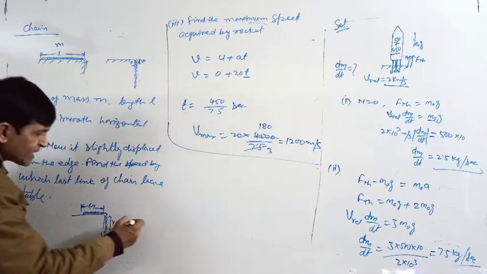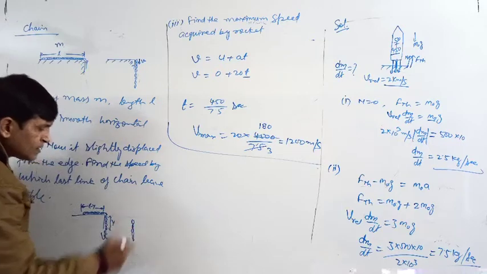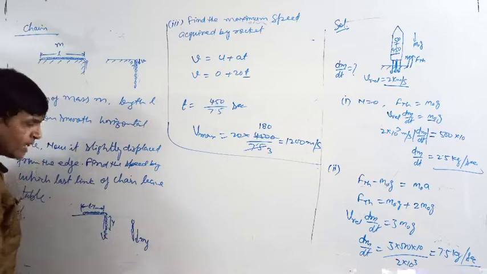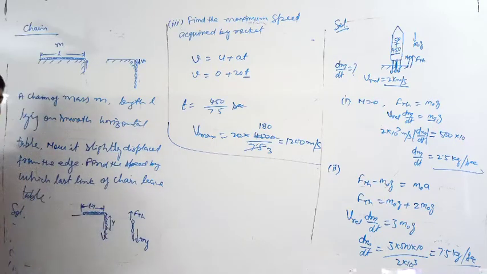If I make the FBD of the hanging part, one is the weight of this part, mg, and the other is the thrust force, F thrust. Why? Because some mass is continuously increasing.